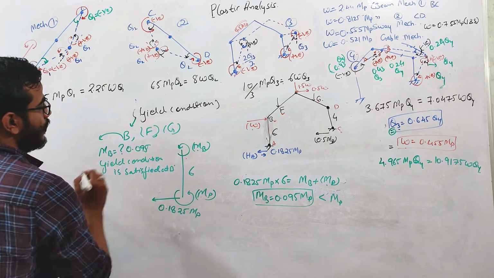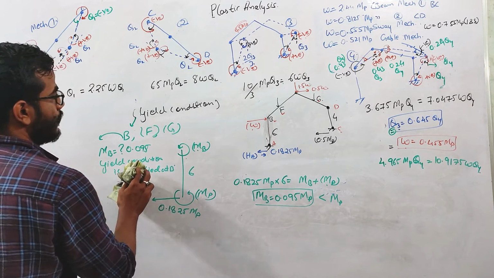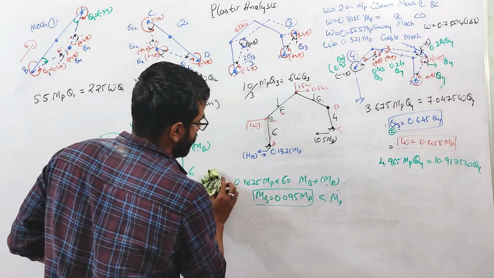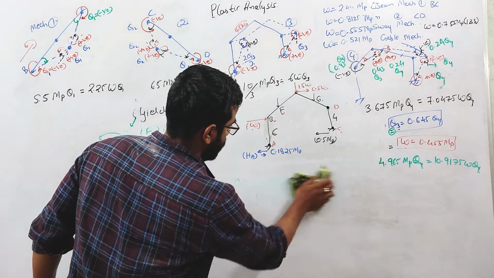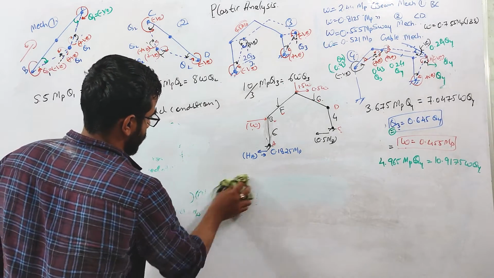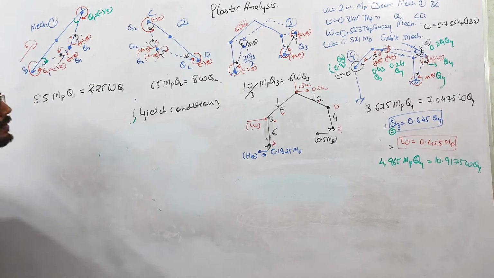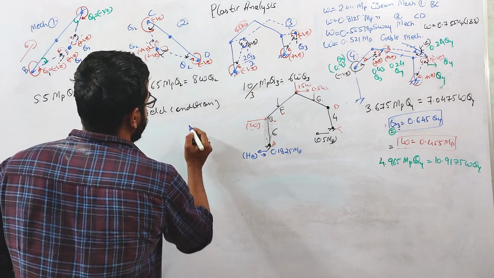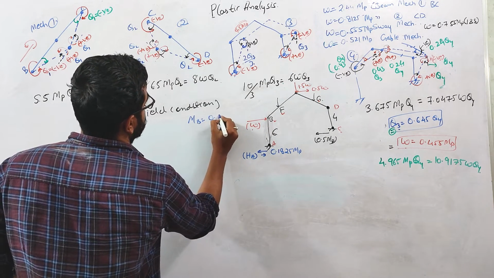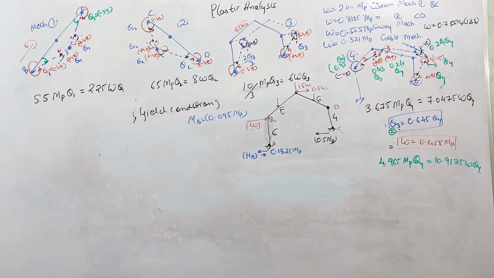Now we will be checking the yield condition at G point. So MB is 0.095 MP, and this is done.